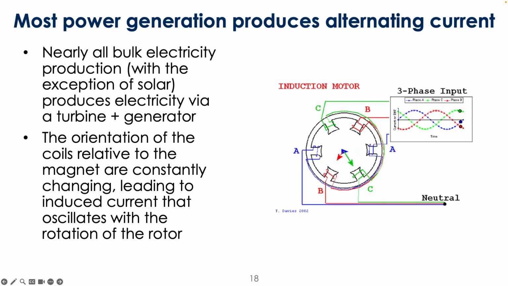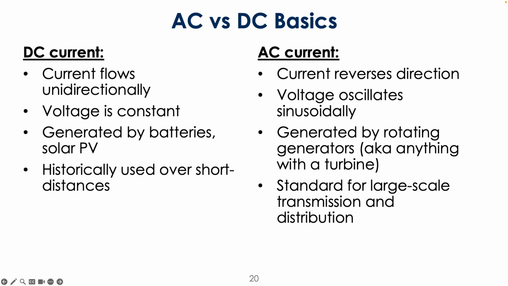Whether you have a steam generator or a gas generator, and whether that fuel comes from coal or nuclear fission or from wind blowing through a turbine, the idea is that you are spinning a generator to produce electricity, and that creates electricity in the form of alternating current.